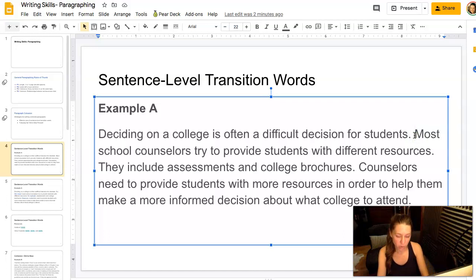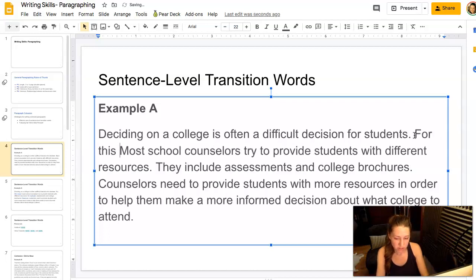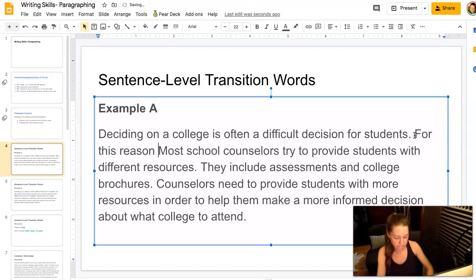You could put one solution to this problem is to provide students with different resources, or in order to solve this problem, most school counselors try to provide resources. Or we could just go with something simple. For this reason, most school counselors try to provide students with different resources.